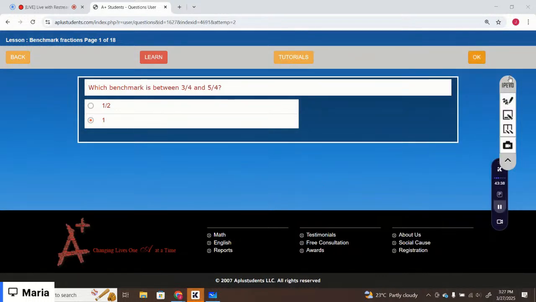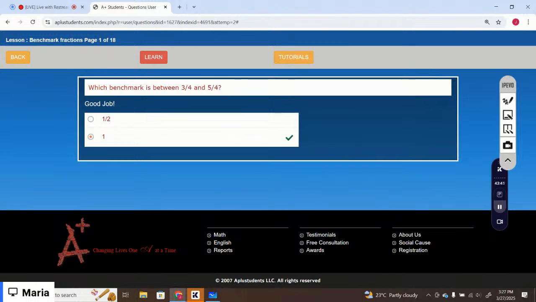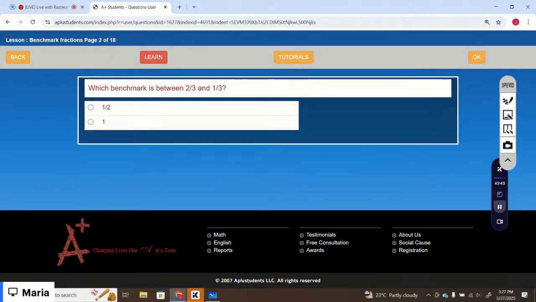Okay, let's just start with the test questions. Which benchmark is between 2/3 and 1/3? Okay, so 2/3 and 1/3.